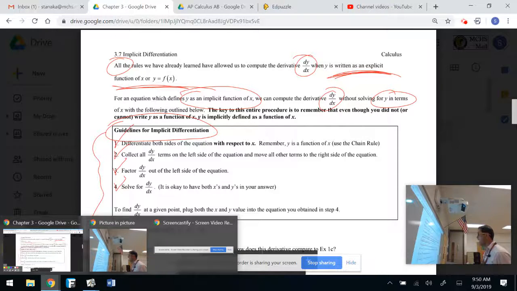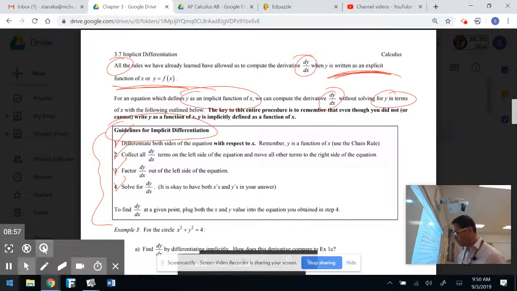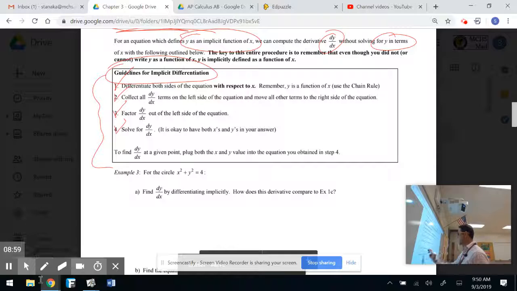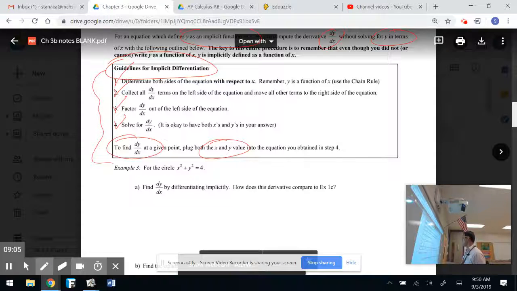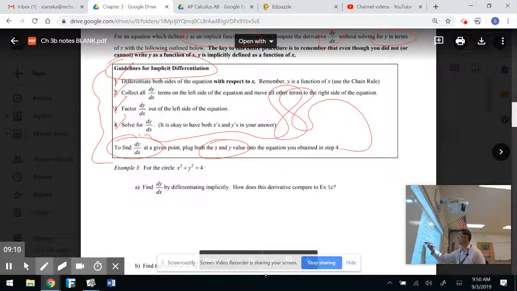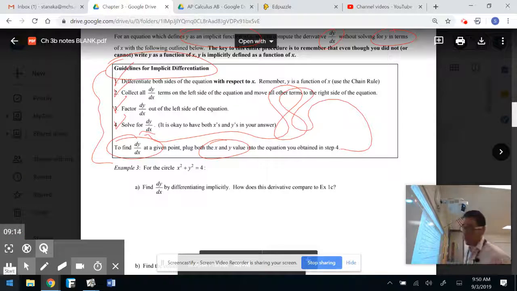It is okay to have both x's and y's in your answer. Don't freak out if that happens. To find dy/dx at a given point, plug both x and y into the equation you obtained in step 4. All right, sorry, getting a little crazy here with the weather we've got going on.